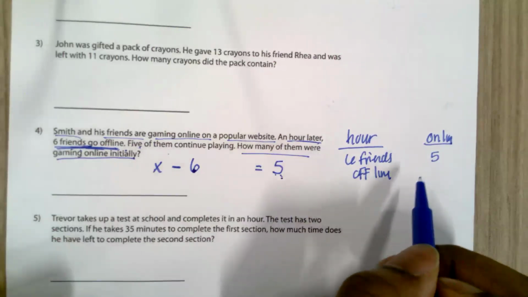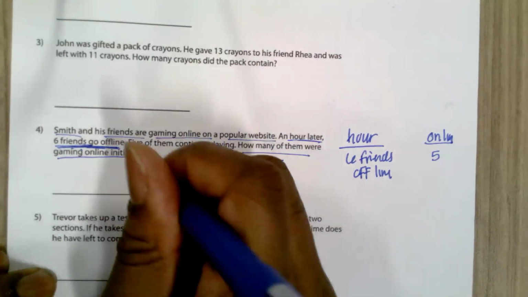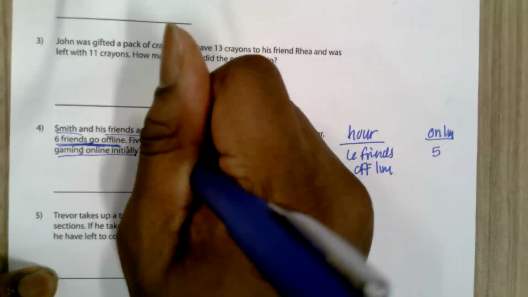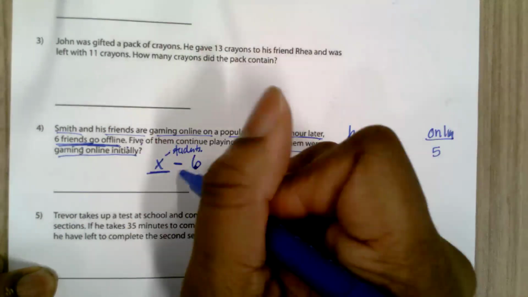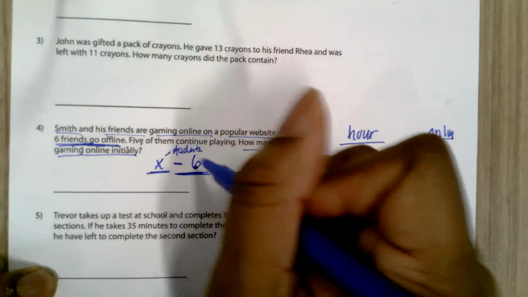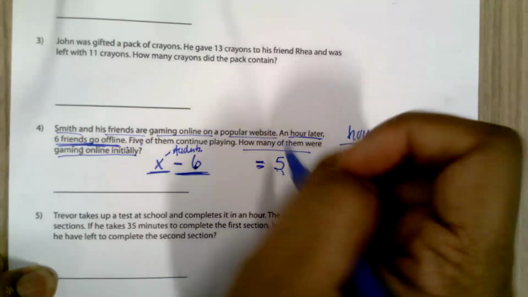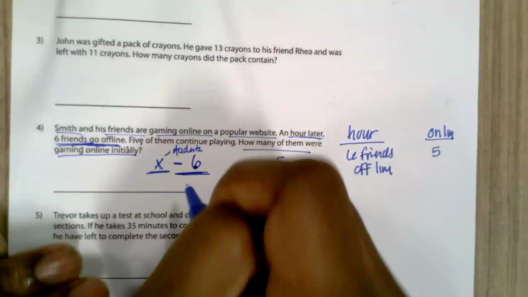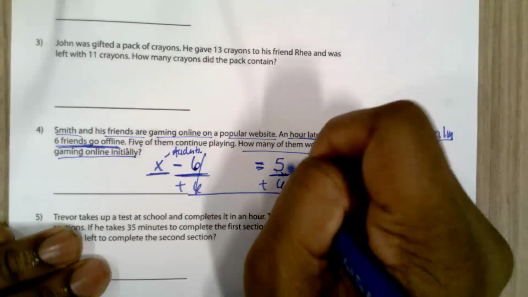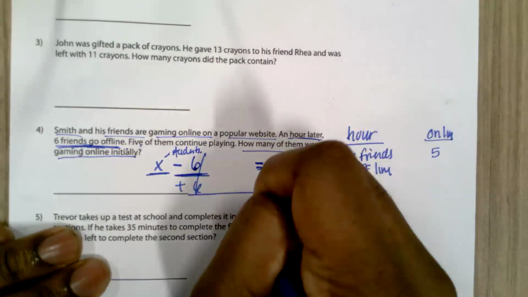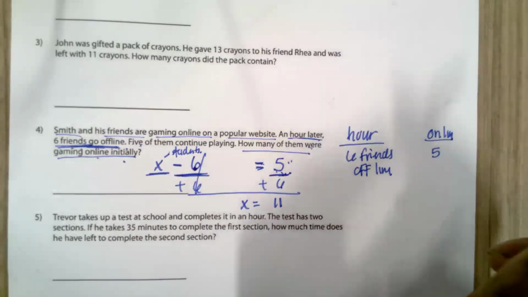Why? Because there was a total amount of students, and then an hour later, 6 leave. That's the negative, the minus. And then it ends up with 5. Add 6 to both sides. How many of them were gaming initially? So 11 students were gaming initially.